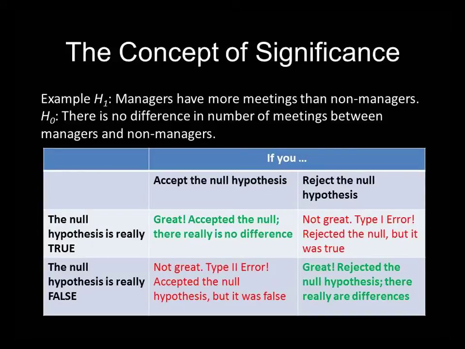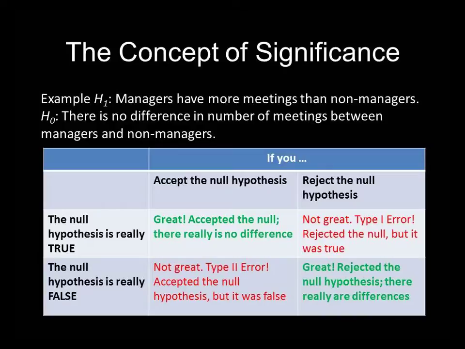And so again, just to use our example and go through this one more time. The research hypothesis, H1, is that managers have more meetings than non-managers. The null hypothesis is that there is no difference in the number of meetings between managers and non-managers.